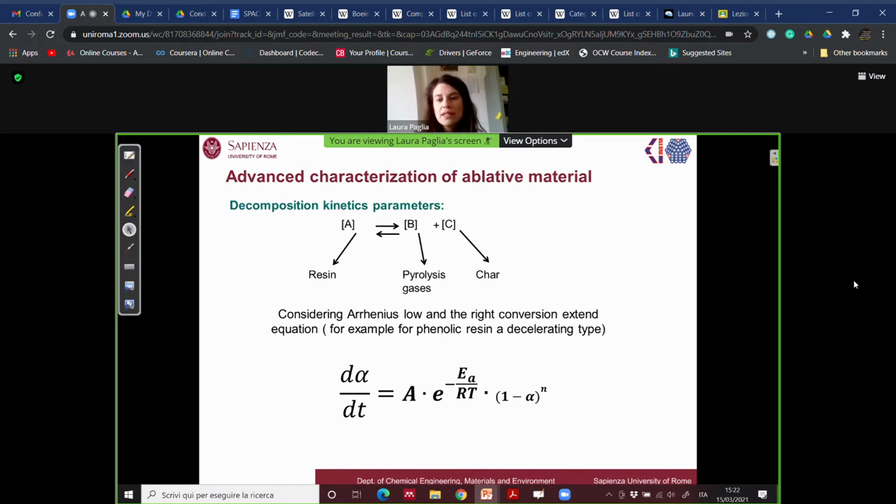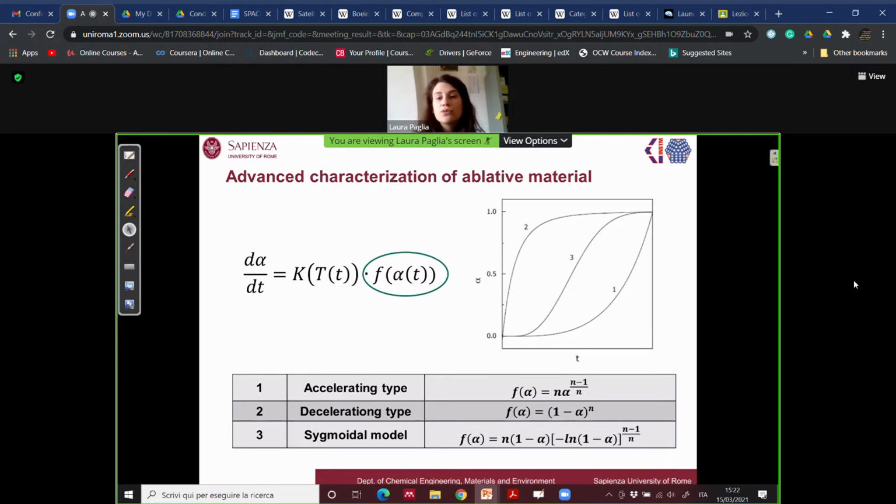I choose this kind of function because it is the typical function used for phenolic resin, because for phenolic resins we have this kind of shape.